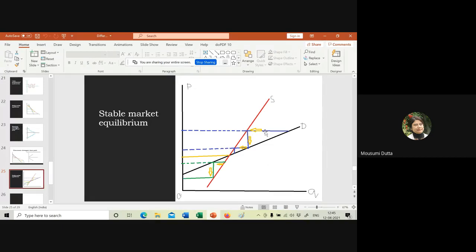And if there is excess demand in this part, the thing is moving towards equilibrium. So I think we will not be able to establish the cobweb theories perfectly when the curves are positively sloped. So we will not go for that.